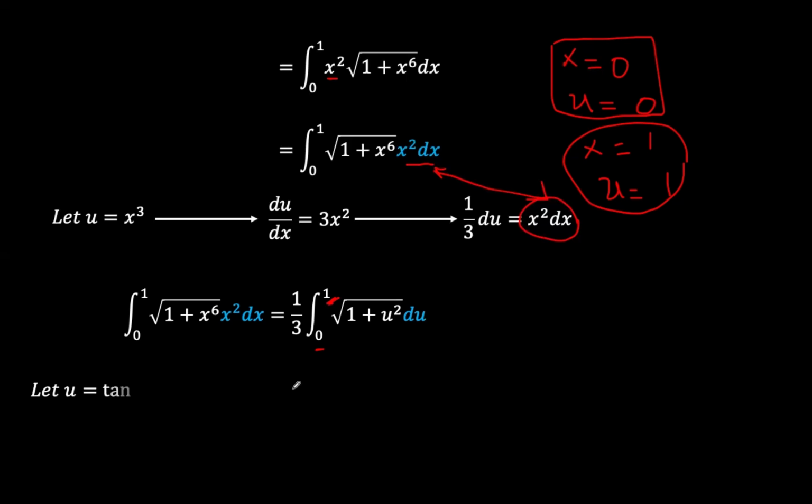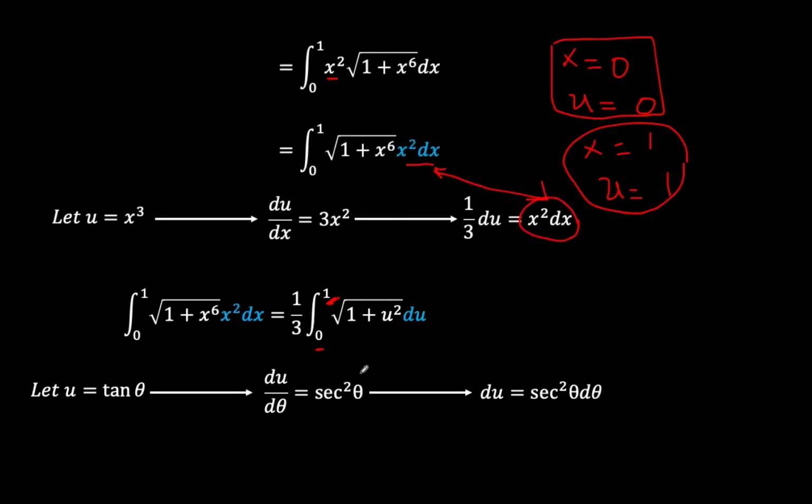And so we can then go ahead and say again, let u be equal to tan theta, such that du/d theta equals sec squared theta. And so sec squared theta d theta can be substituted for du. Now, let me also do one more diligence.